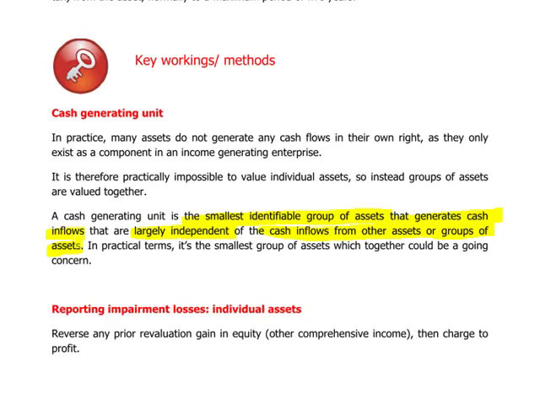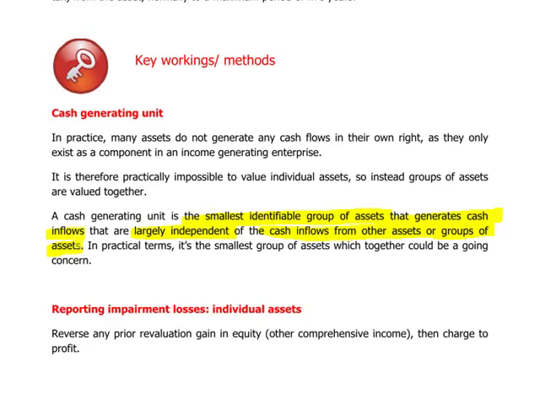But you could argue that that particular oven does not generate independent cash flows, and it's better if you evaluate it in the context of the whole pizzeria, because it is the pizzeria overall that is the cash generating unit. So what you're trying to say is: is that item generating independent cash flows or not?